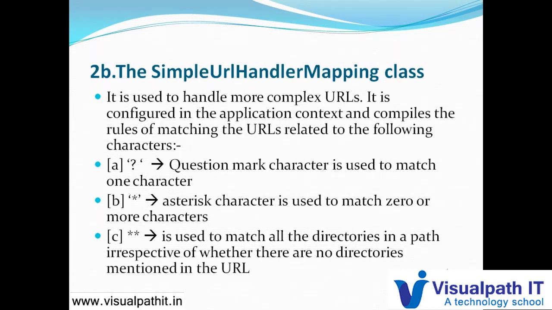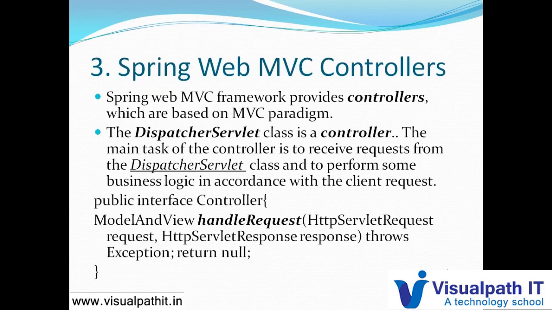For example, we have visual path slash double asterisk slash test.html. It means 0 or more directories in that particular URL. So under the visual path, however many directories are present underneath, everything will come under double asterisk.